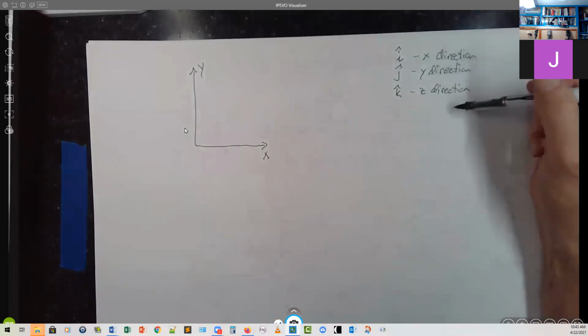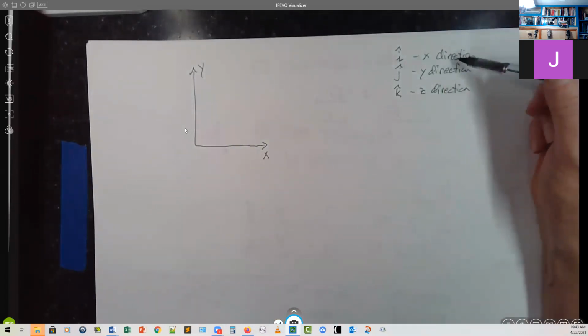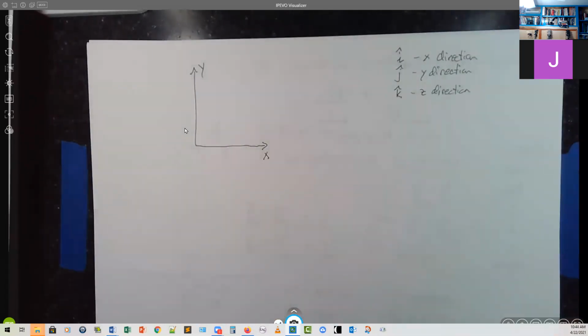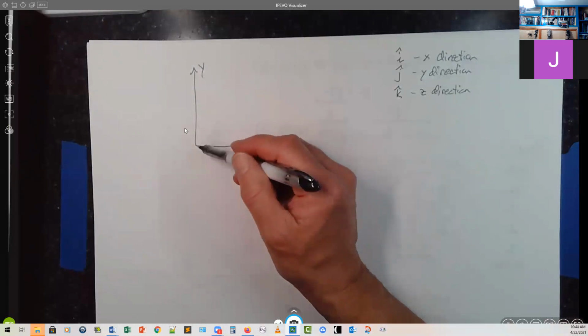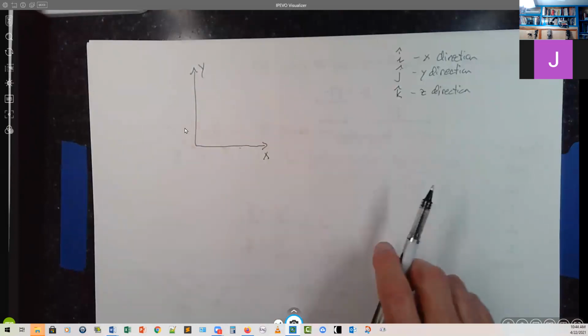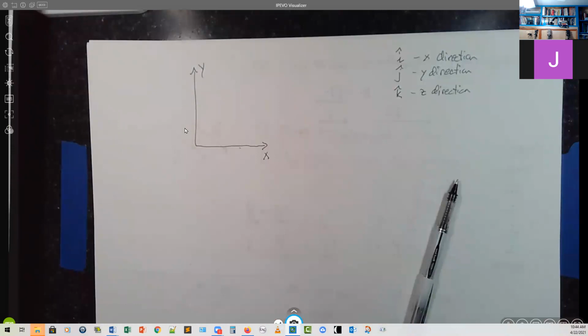Now, that's just one possibility of unit vectors that might be used. You can have different types of coordinate systems. The x and y and the z, if you added it on there, are what are called the Cartesian coordinate system, named after René Descartes, who was a French mathematician.